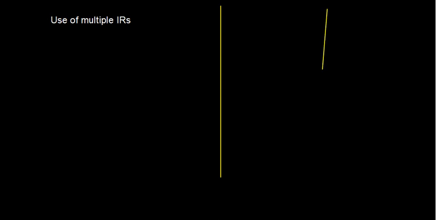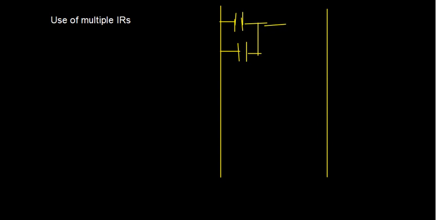I take two rungs here. Now I will give one input here, and then one more input here. Then I have the output in the form of an internal relay. Let me call this IR1. Let me call this X400 and this X401.